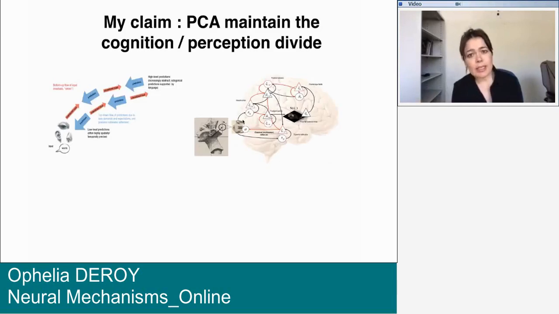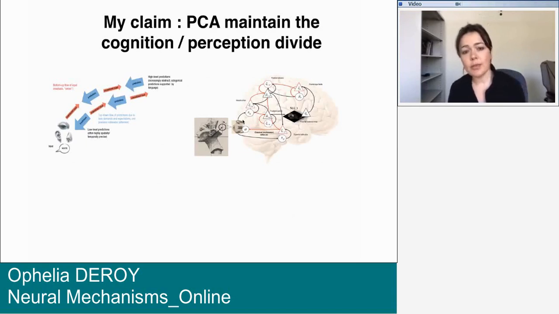My claim here is that the quotes are strongly driven by the key interest of the people here, which is to be able to provide a definition of what makes perception special.